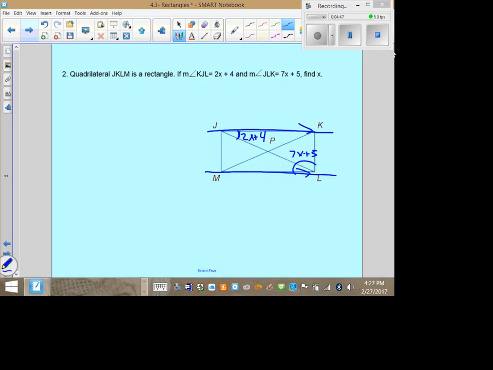So we also know that this angle is 2x plus 4. But together, we know that this is a right angle since it's a rectangle. So we can take 7x plus 5 plus 2x plus 4 and set that equal to 90. We'll get 9x plus 9 equals 90. So then we get 9x equals 81. So we get x to be 9.